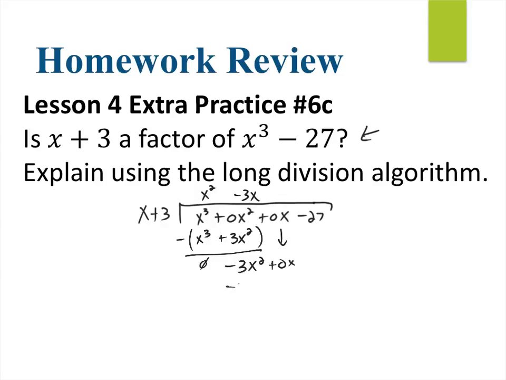So that's negative 3x squared, minus 9x, because negative 3 times positive 3x is negative 9x. We've got 0, negative 9. Oh, we're subtracting, so double negative, that's a positive 9x. Bring down the negative 27.